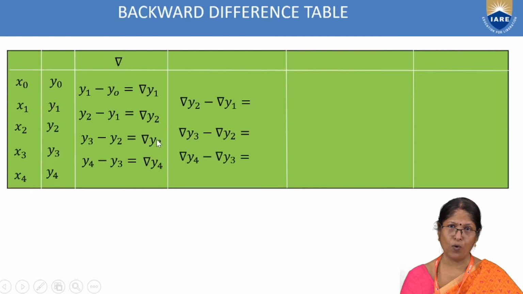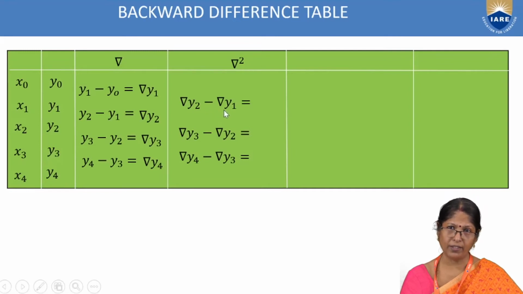Next, del y4 and del y3. So the differences are listed here. The operator is the backward difference operator. For this column, the second backward difference, the operator is del square.